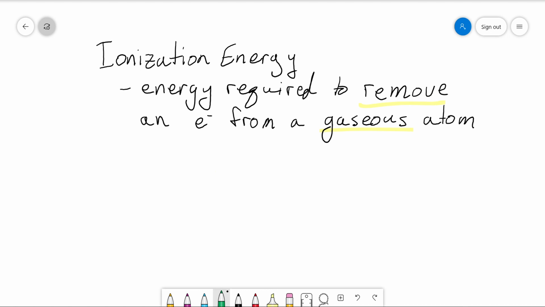Okay. So if we draw just a simple reaction, if we have a sodium atom, and it has to be in the gaseous state again, which is not normal for a sodium atom because sodium is a metal. But if it loses an electron, and it's still gaseous, we have that electron there.